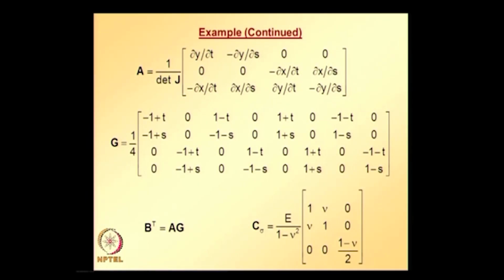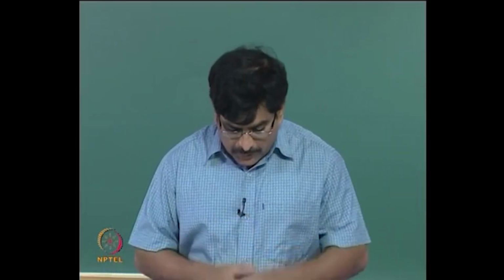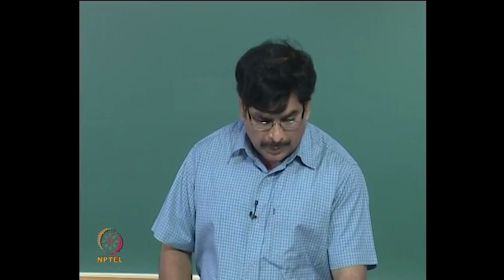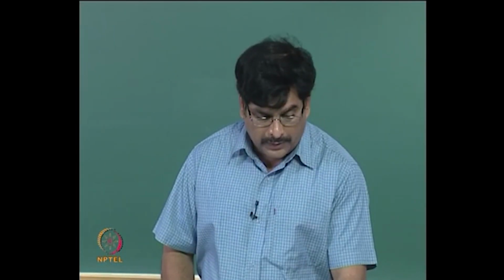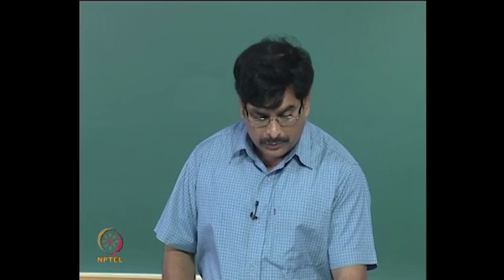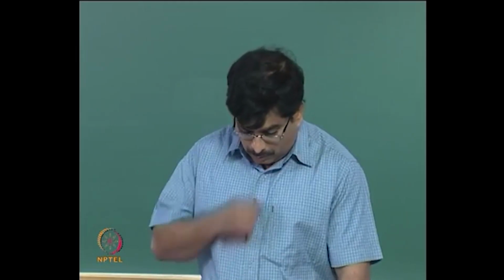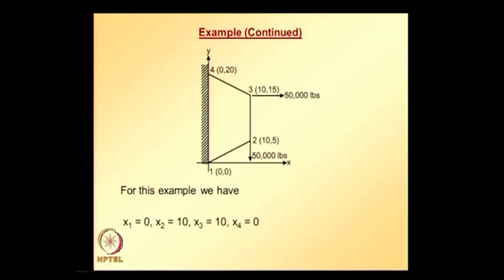Once we have all this, we evaluate all these quantities at each integration point, and then, depending on the number of integration points, evaluate the integrand at each integration point, multiply with the corresponding weight and sum it up, and we are going to get the approximate value of the entire stiffness matrix.